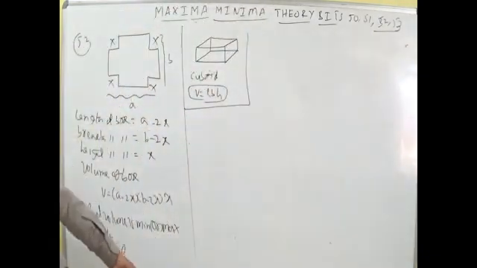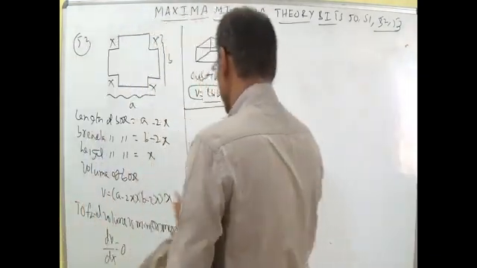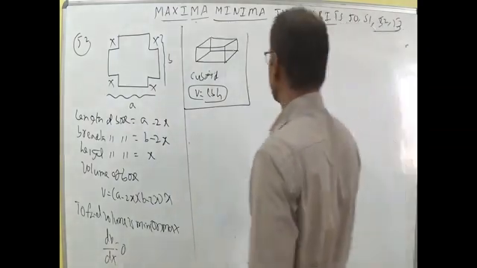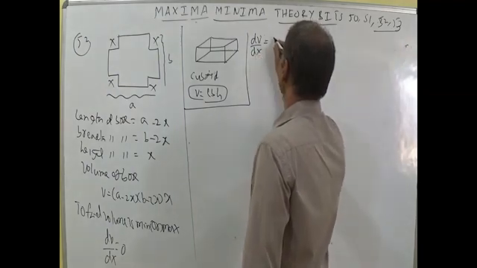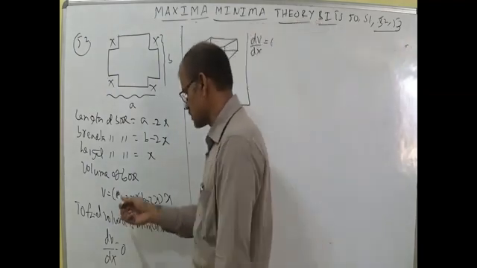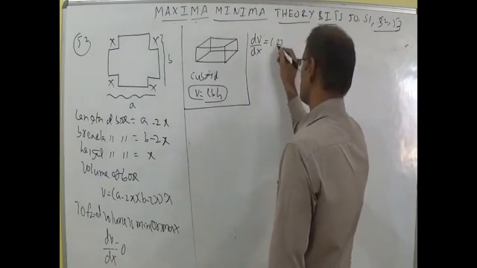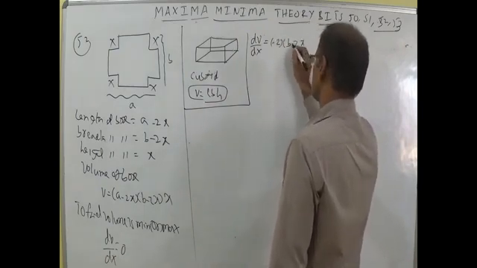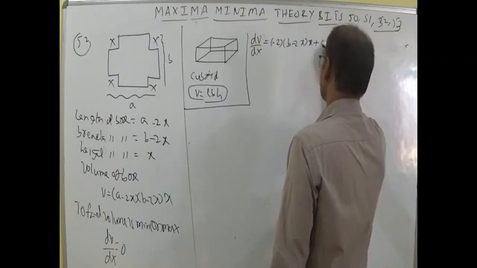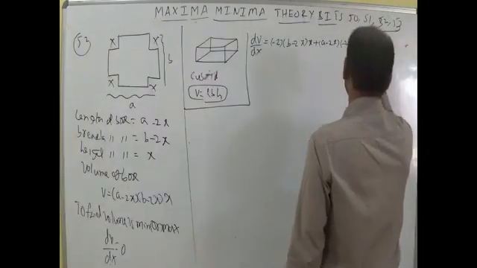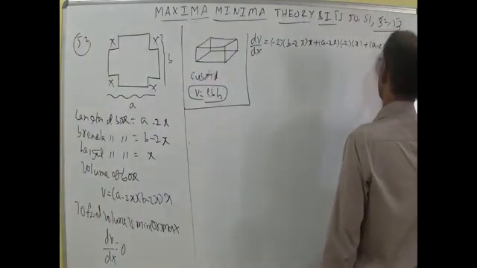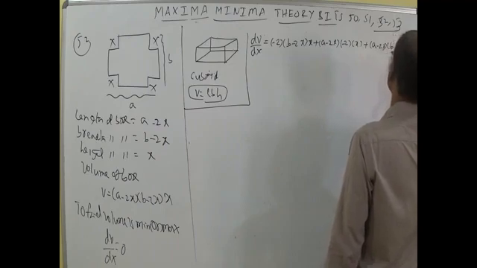Like that, we will do the derivative of this function. So dV by dx is equal to, first, minus 2 into b minus 2x into x, plus next a minus 2x into minus 2 into x, plus next a minus 2x into b minus 2x into 1, is equal to 0.